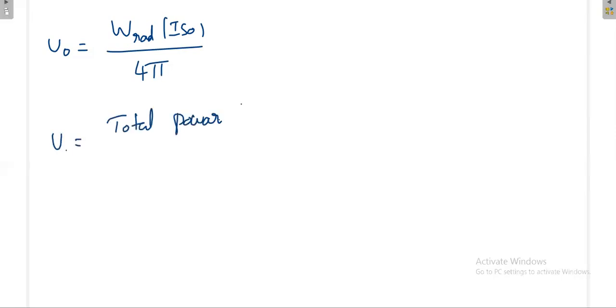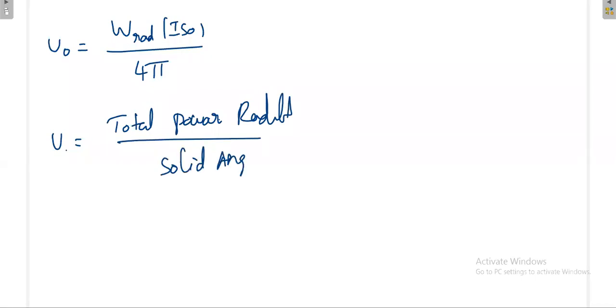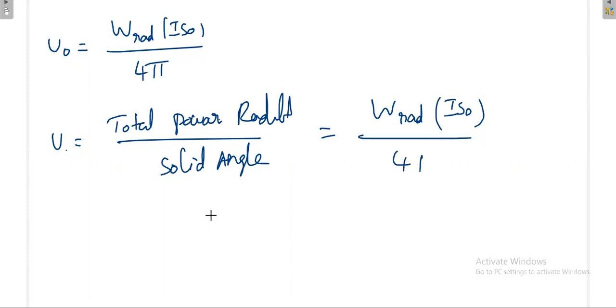For an isotropic radiator, you know the total power radiated, W radiated iso, and the solid angle is 4 pi. It is constant because it is independent of direction. So U naught is equal to W radiated iso divided by 4 pi.